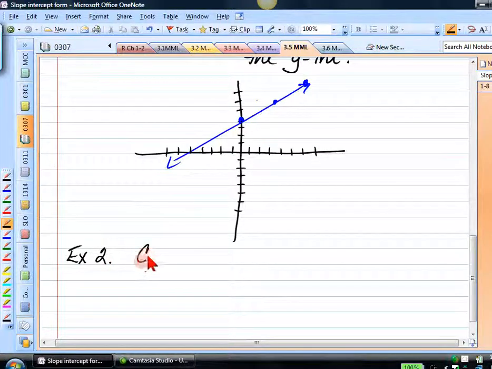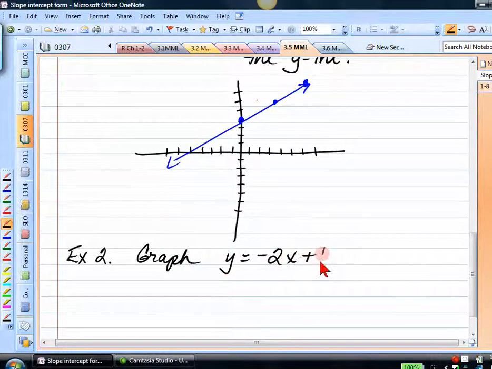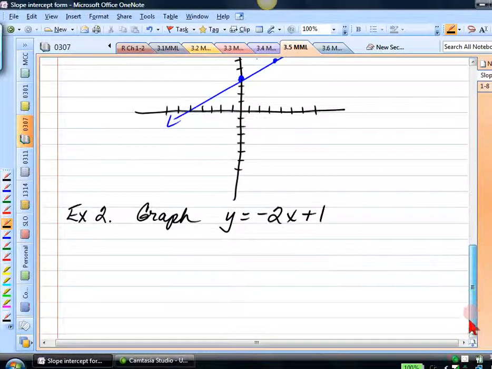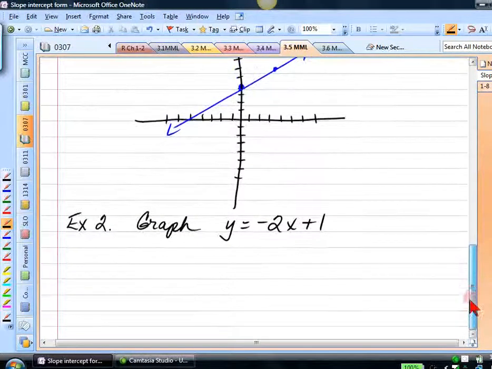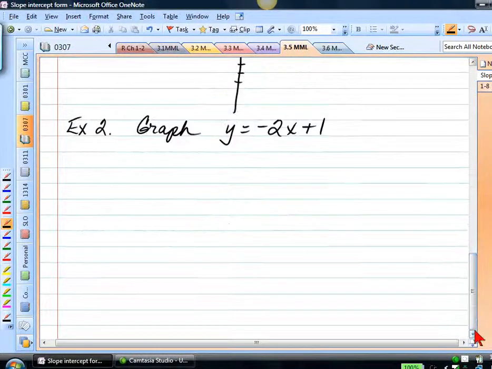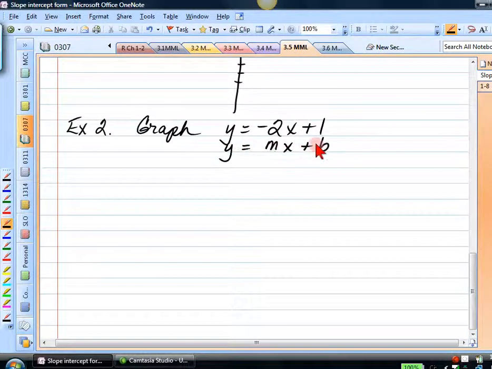What if I ask you to graph y equals negative 2x plus 1? Okay, that'll have to do. If I ask you to use the slope-intercept technique, then I have y equals mx plus b.